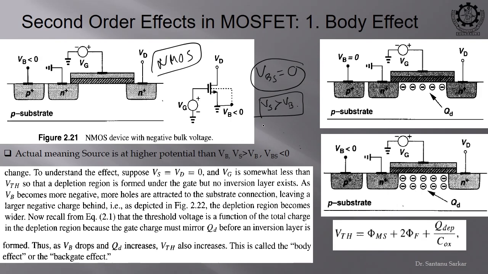So, you can say VSB is greater than 0 or VBS is less than 0, same thing, right. VSB is greater than 0 or V source is greater than V bulk or VBS is less than 0. All are the same thing, same expression. Now, if my source potential is higher than bulk potential, the same thing I can express this way, that source is at ground, but bulk is at a negative potential.